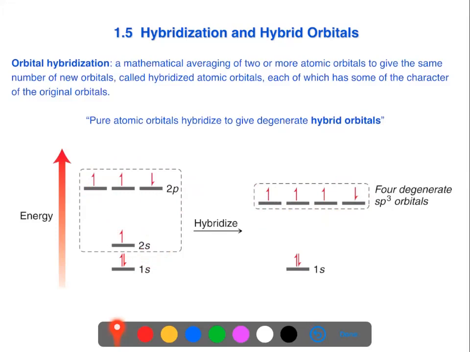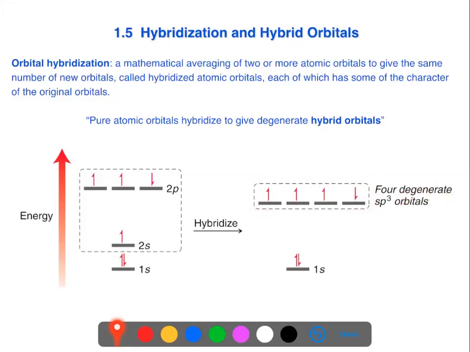So mixing 4 orbitals together, you will get 4 hybridized orbitals coming out after hybridization. This hybridization idea is important because it shows us that we have 4 hybridized orbitals that are equivalent in energy.